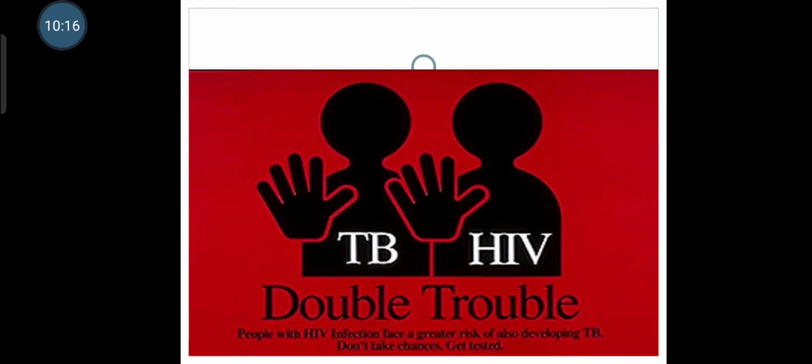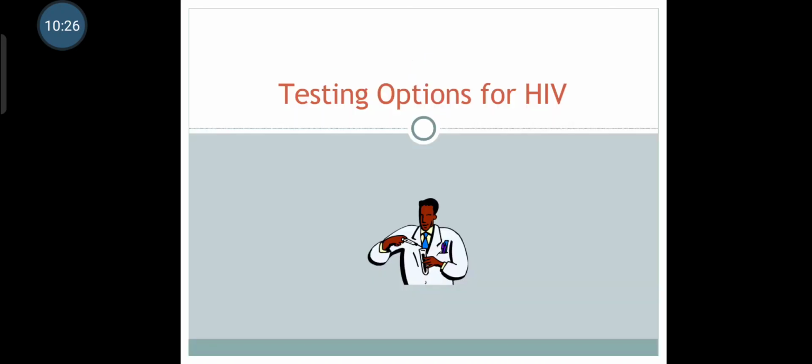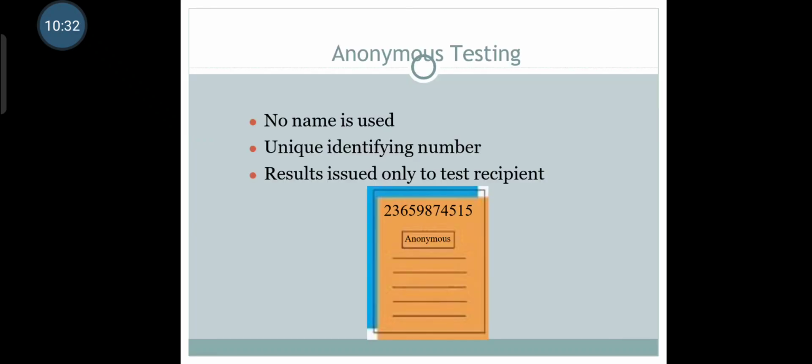So HIV plus TB gives double trouble, wherein the person is suffering from both HIV and tuberculosis infection, and both are dangerous. Then testing options or diagnostic tests for HIV. So first is anonymous testing.